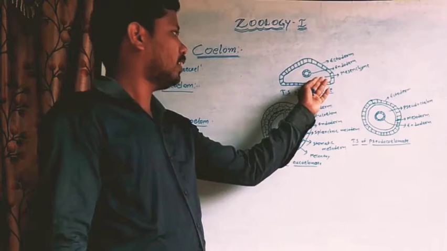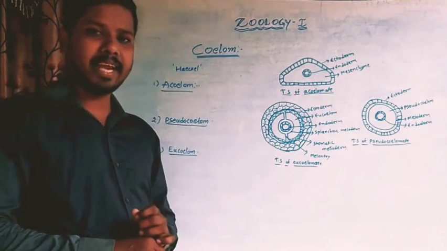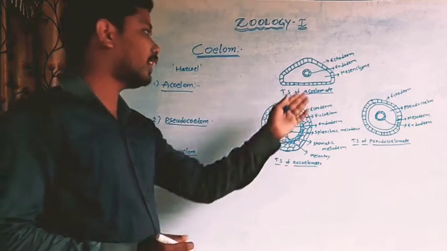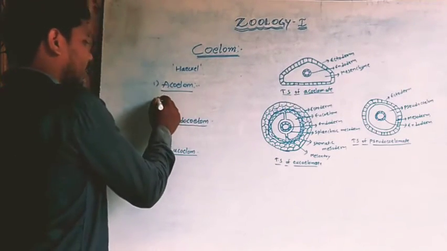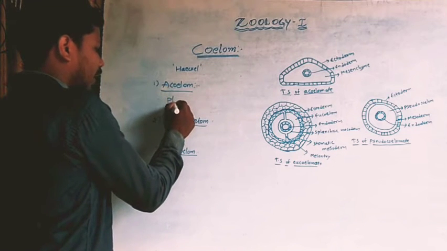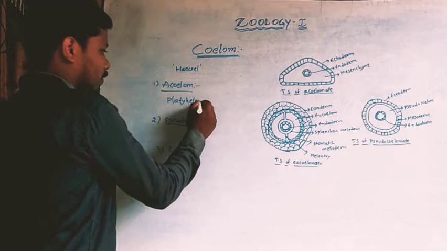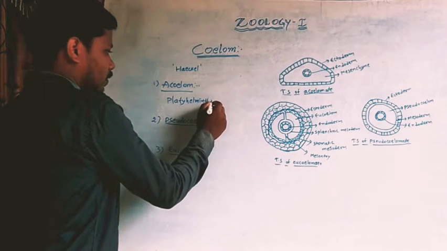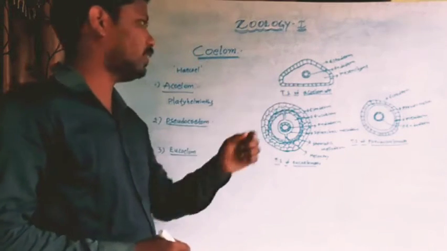The cavity is filled with the mesenchyme, that's why the cavity is absent. This type of coelom is exhibited by the platyhelminthes. Platyhelminthes exhibit acoelom.